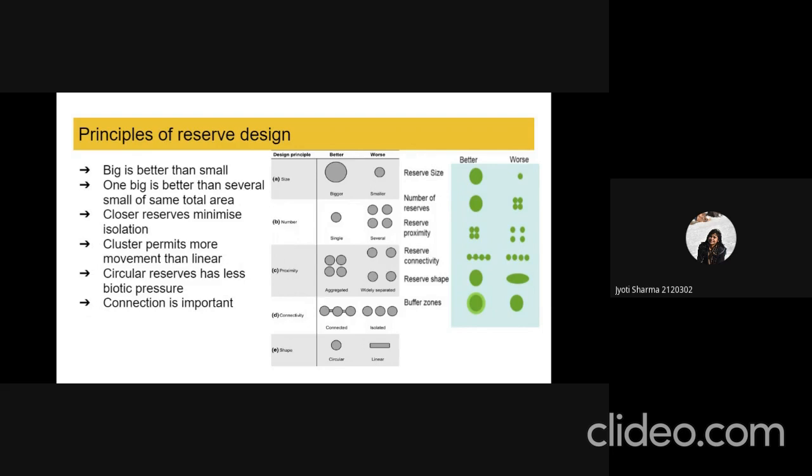But here we can see if it is rectangular in shape, then humans can reach very rapidly in the core area. Okay, so to avoid the entry or the interference of the humans in the core area, it is better to have the circular reserve as compared to the linear reserve. Okay, so this is the principle of the reserve design.